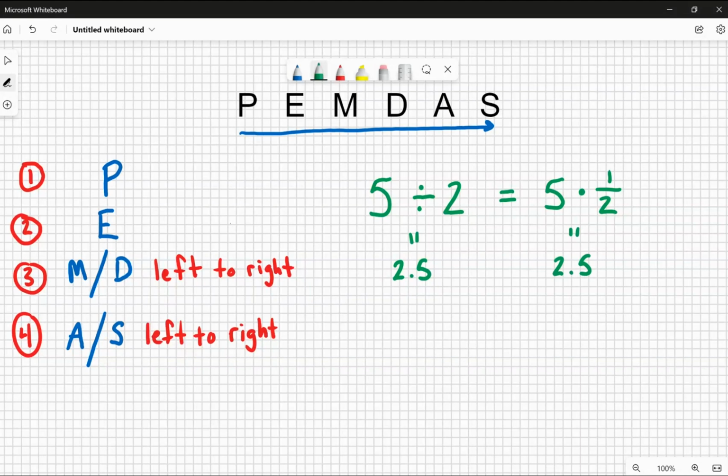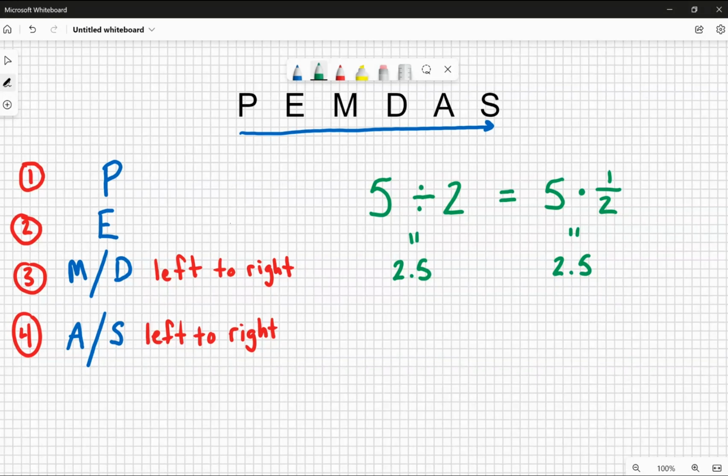So because every division can be written as a multiplication, that means multiplication and division are basically the same operation. They are not two separate operations. Same thing is true with addition and subtraction. Subtraction does not need to even exist.